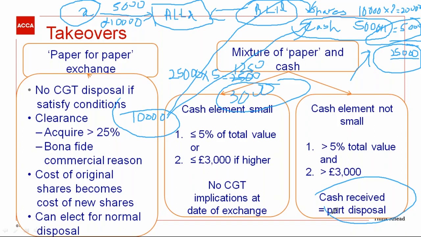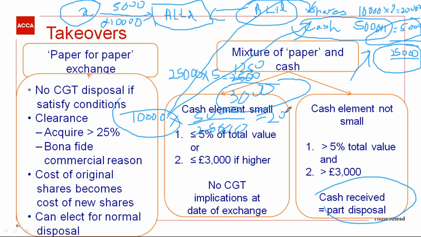So how do you find out? 10,000 divided by A plus B. A means the cash amount received, £5,000. A plus B means 5,000 plus 20,000, so divide by 25,000 pounds. So here you get an answer of 2,000 pounds.